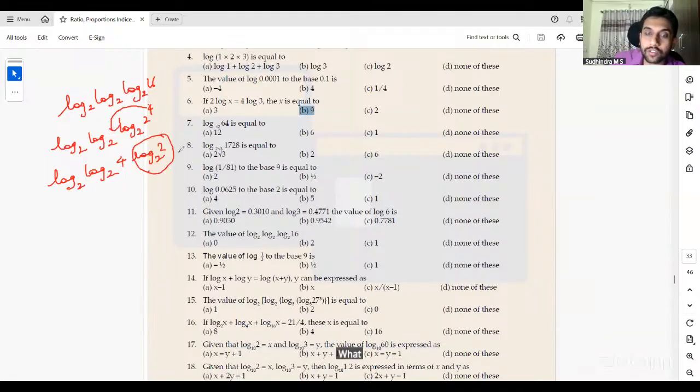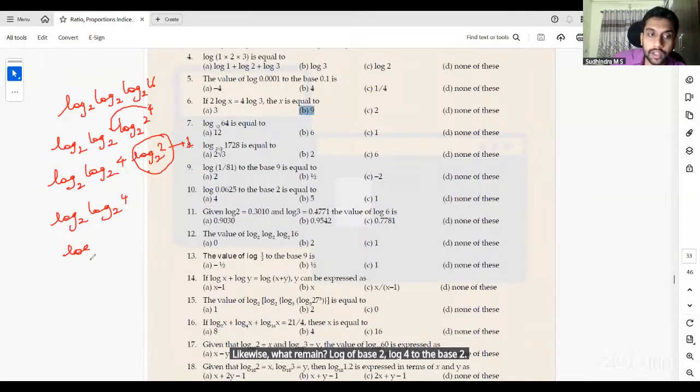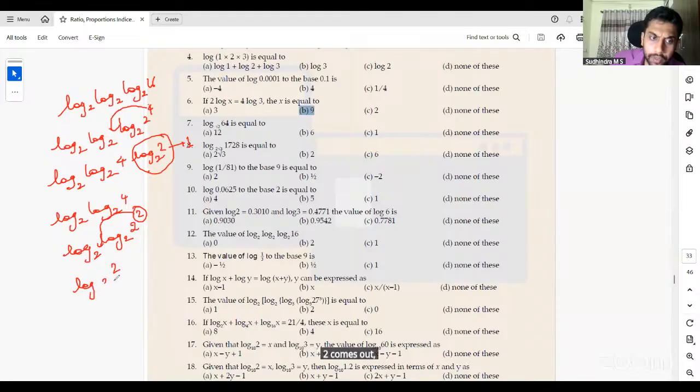What is log 2 to the base 2? 1. Correct. This is 1. Likewise, what remains? Log of base 2, log 4 to the base 2. That is log of base 2, log of 4 can be written as 2 square to the base 2. This 2 square, 2 comes out. Log 2 to the base 2.